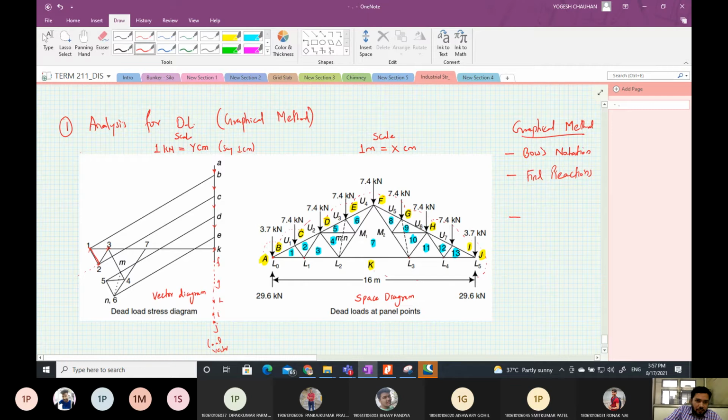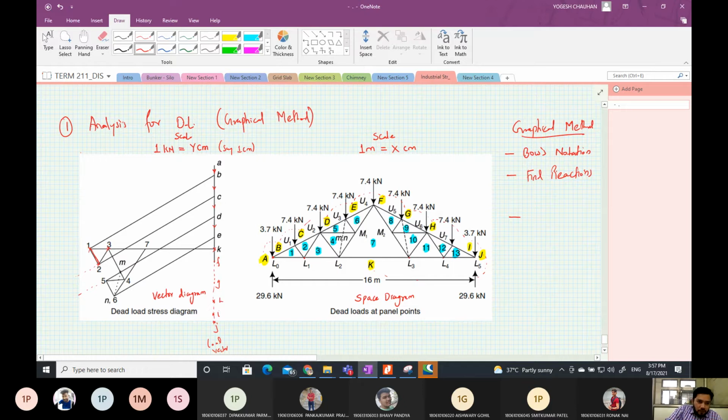So draw a line parallel to this 3M, and similarly, as earlier, draw a line parallel to D5. But you don't know the point 5, so you just draw a line, and then draw a line 3M.